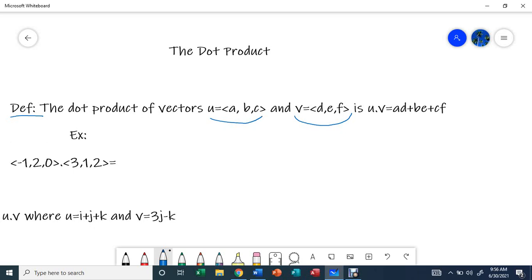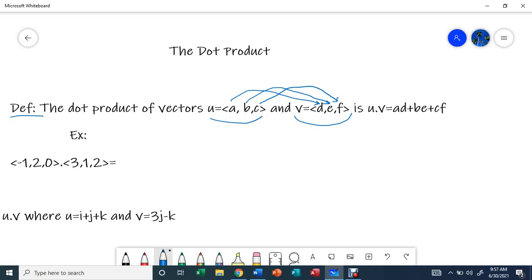The dot product of u and v, or u dot v, is AD, the first entry times the first, plus BE plus CF. That's how you do a dot product of vectors in 3D, in 3 dimensions, and it's similar for any dimensions.